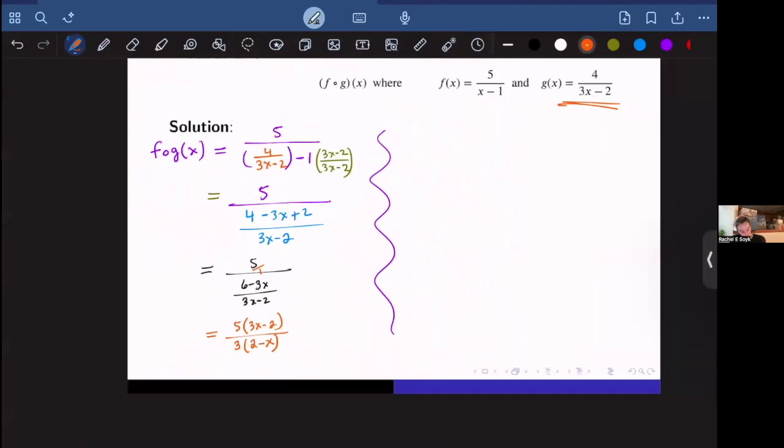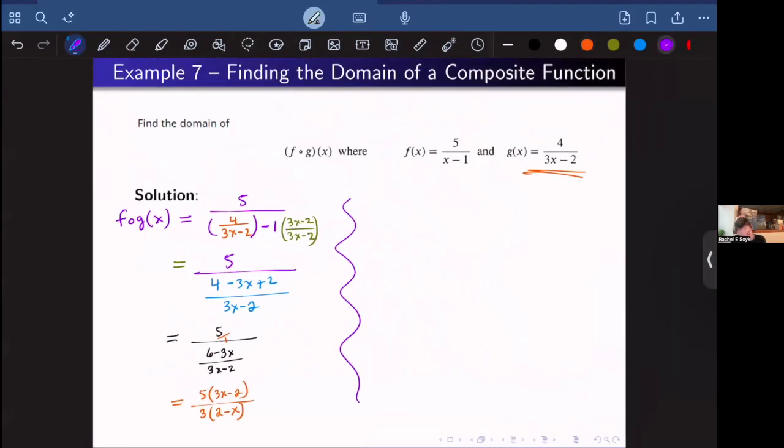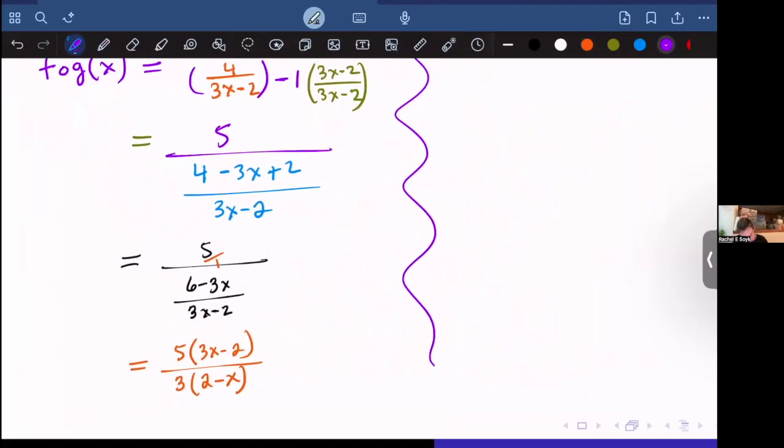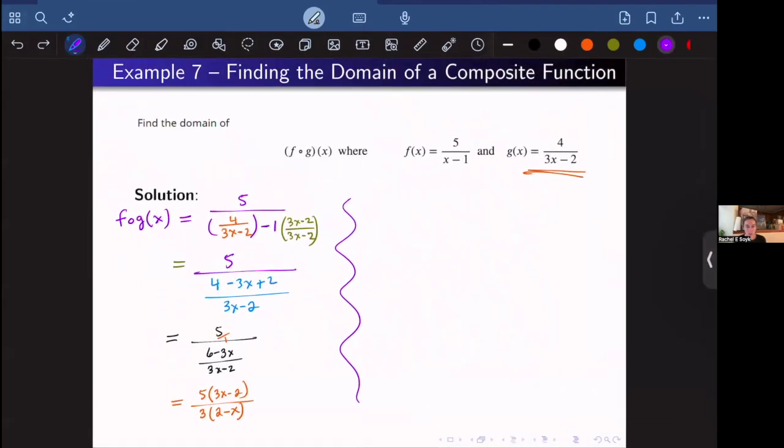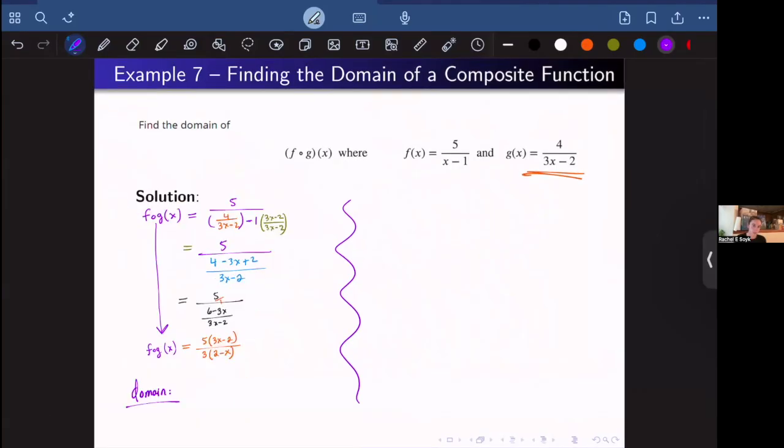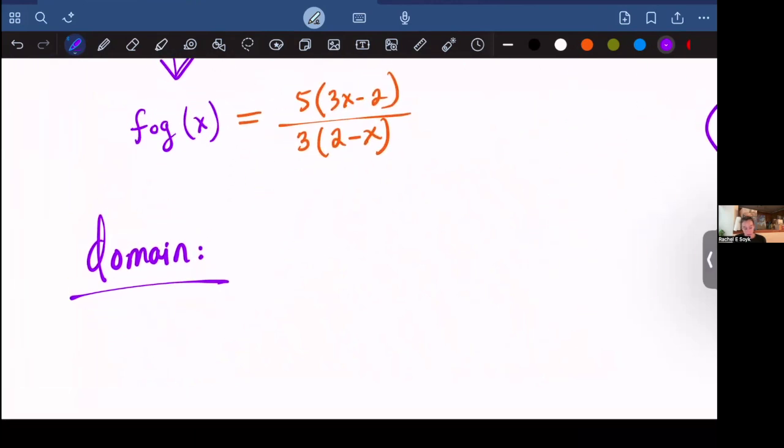Okay. And so this is our f of g of x. And why don't I shrink this so that we have some more white space. All right, much better. So now when we're looking at this function, what is our domain?